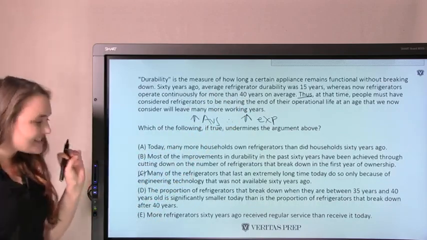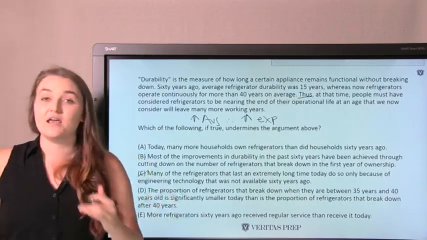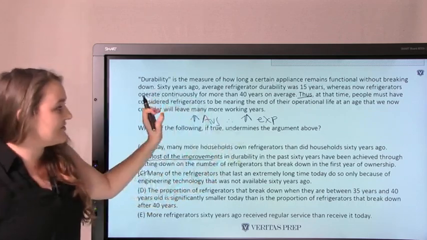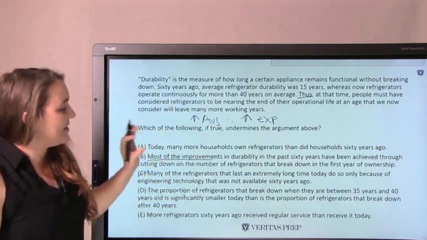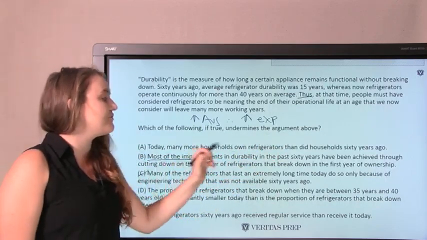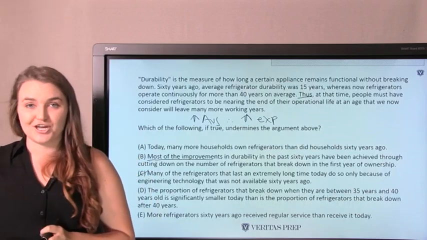So though subtle, answer choice B addresses precisely that. Answer choice B tells us most of the improvement, so most of this change, has been achieved through cutting down on the number of refrigerators that break down in the first year of ownership. Right?